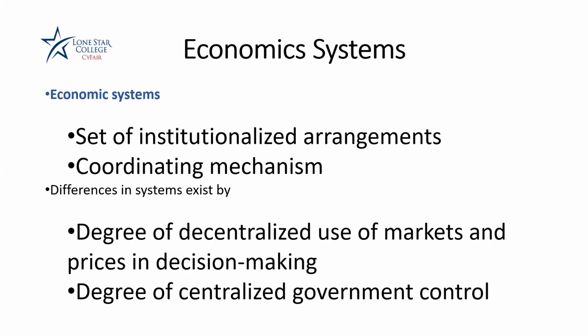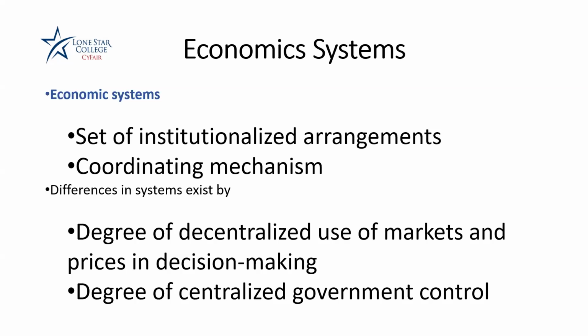Like the Department of Education can be one institution, Department of Transportation, Bureau of Labor Statistics, Census. These are all different institutions that can operate under the control of the central government that we have. So now we have one economic system.